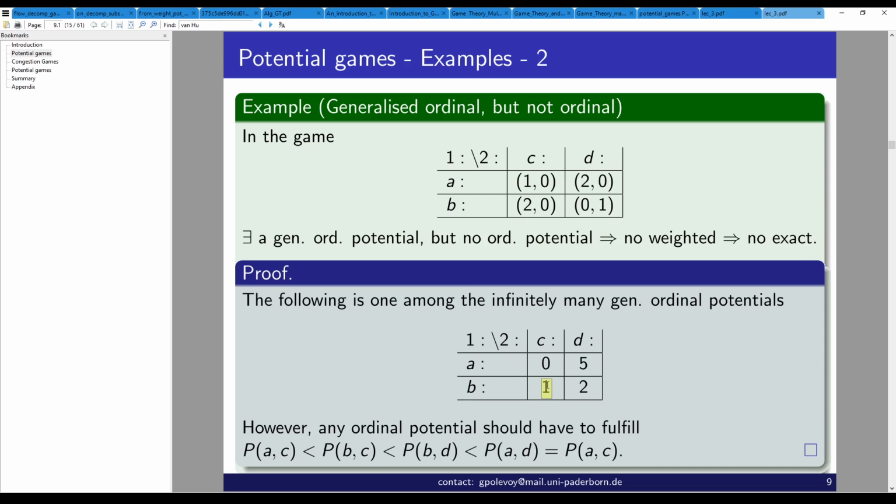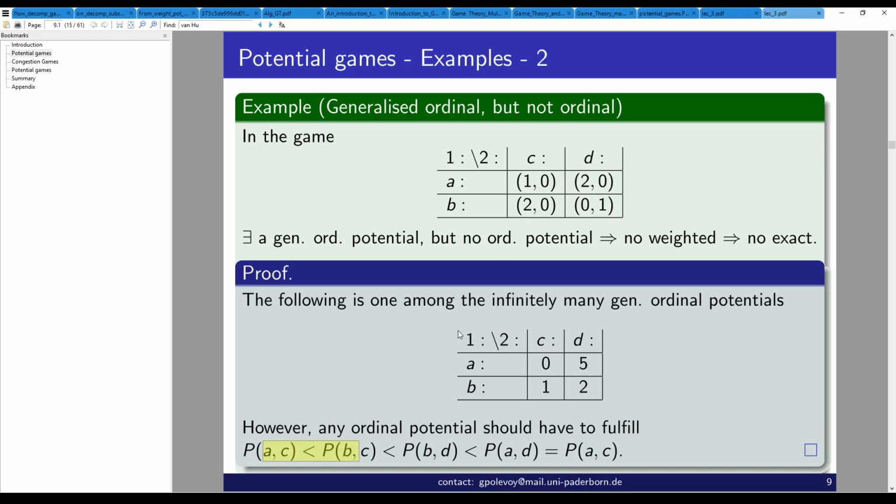if it existed, then look at the following path in the strategy set: AC to BC. So the utility increases, and the ordinal potential, even the generalized ordinal, should increase. Now, let us go to the profile BD.